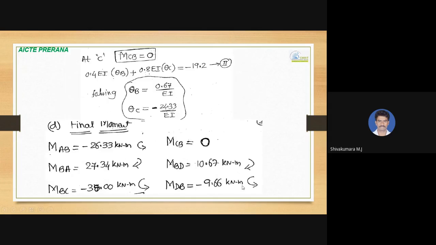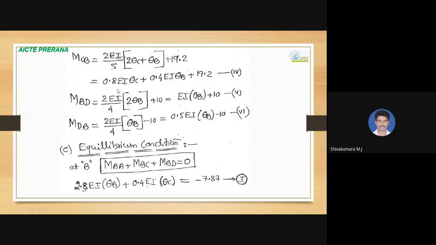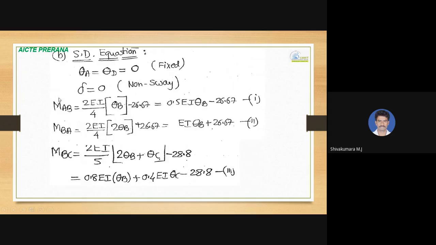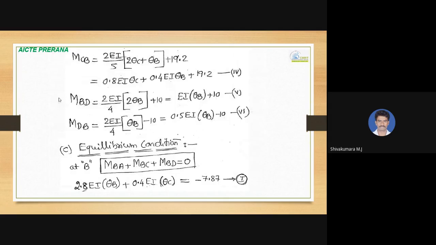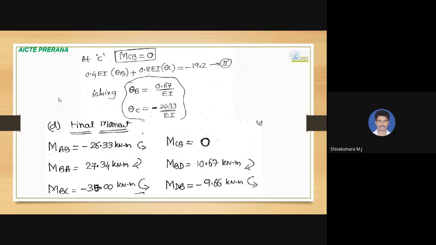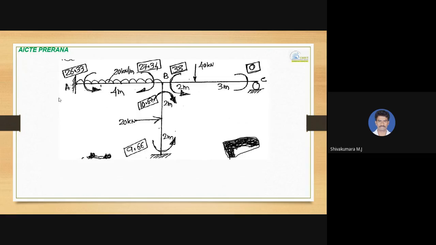We will get theta B and theta C as 0.67 divided by EI and minus 24.33 divided by EI respectively. Substitute these values in the main equations which we got over here, so that we'll get MAB, MBA, MBC, MCB, MBD and MDB. Listed, and you can draw the bending moment and shear force diagrams for the same.